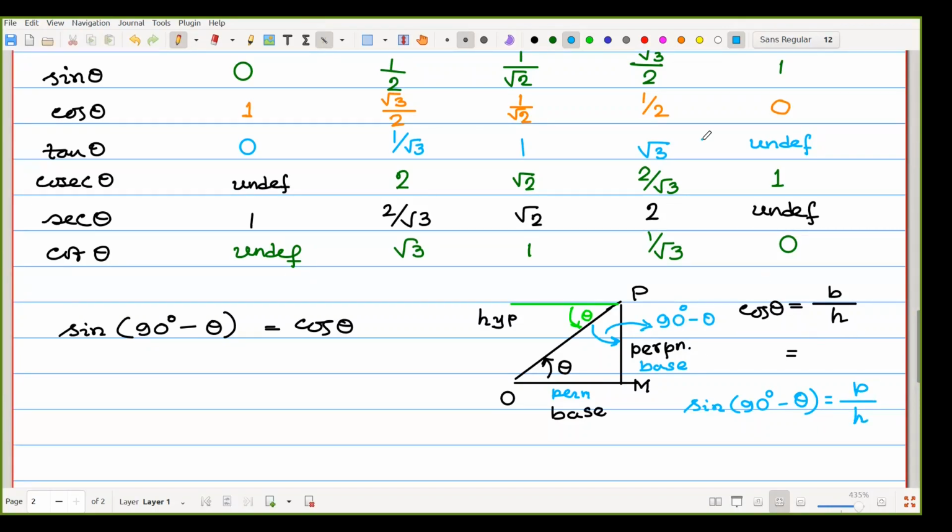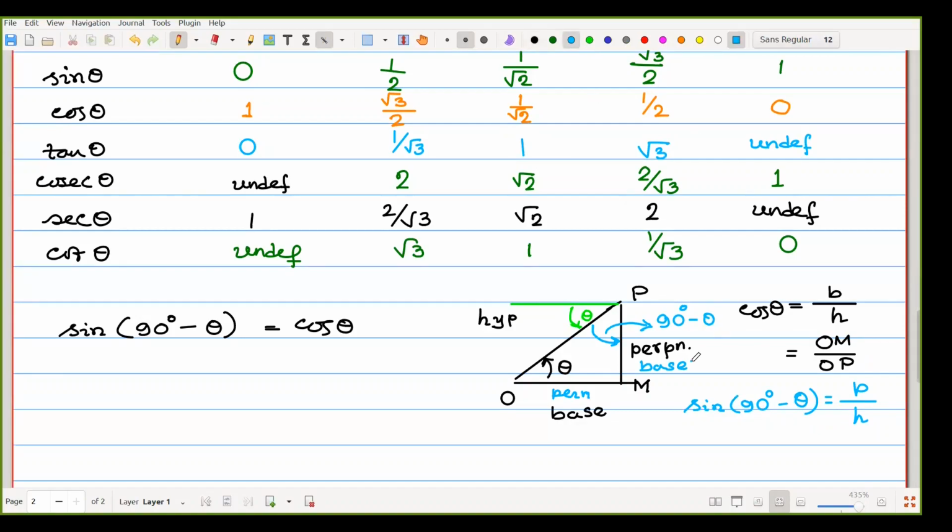Now look at, from the very first one, cos theta means base by hypotenuse. According to theta, base was OM and hypotenuse was OP. So OM by OP is the value of cos theta.